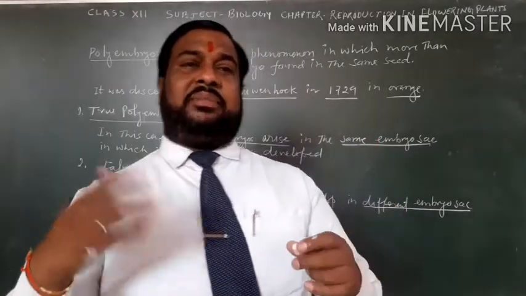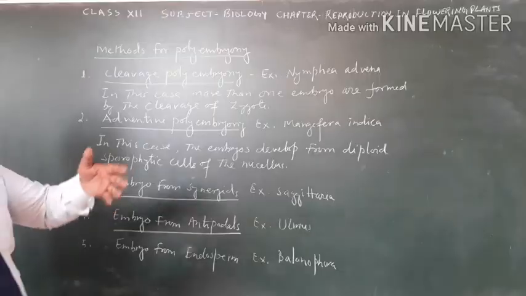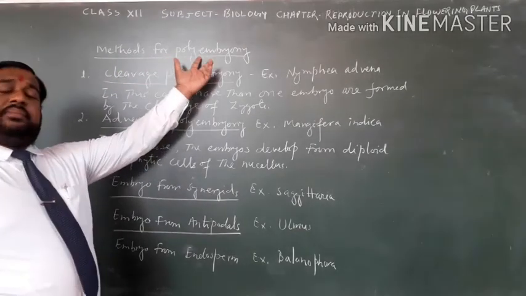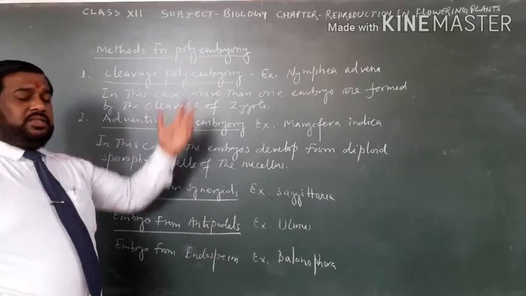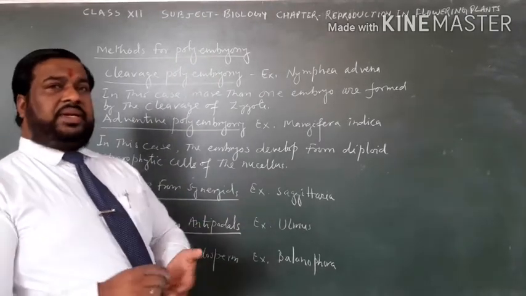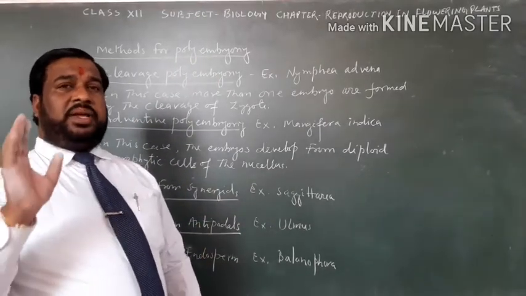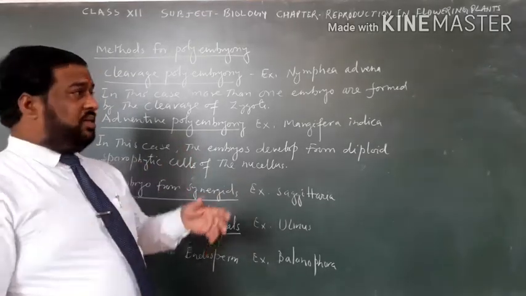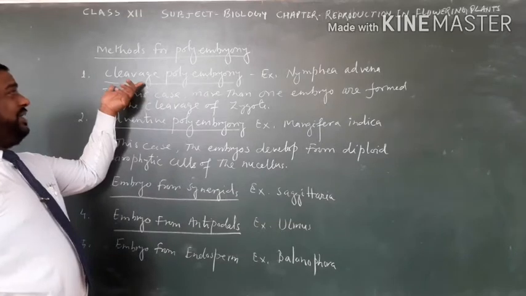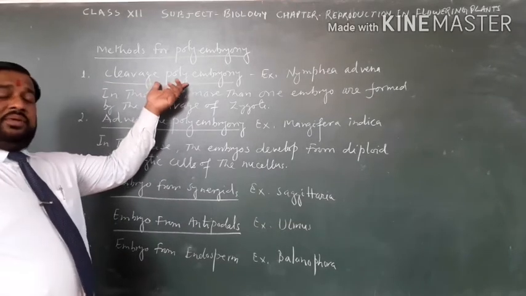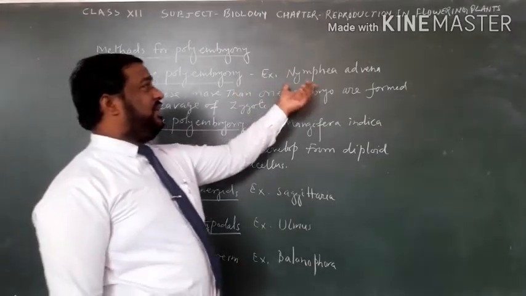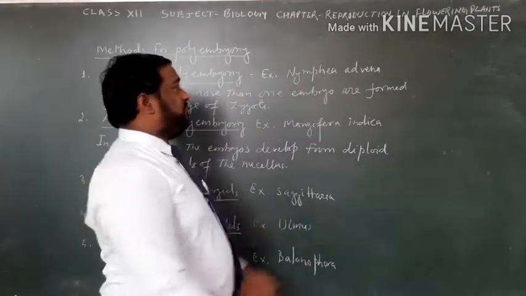So these are the methods by which polyembryony occurs. Students, one is cleavage polyembryony, which occurs in Nymphia advena.